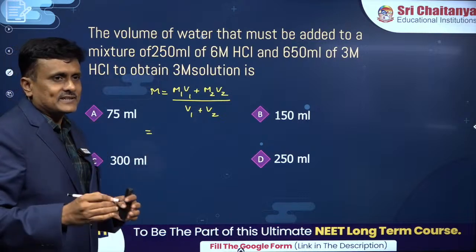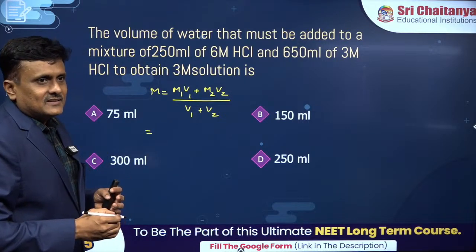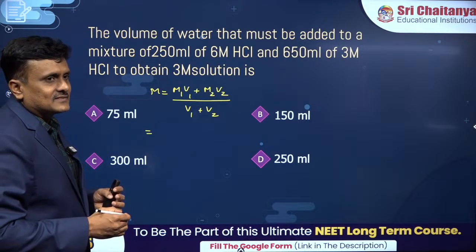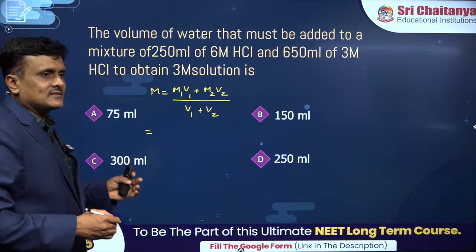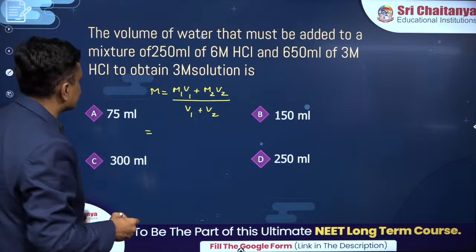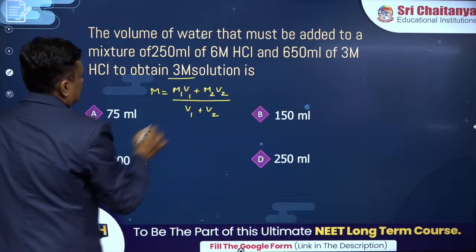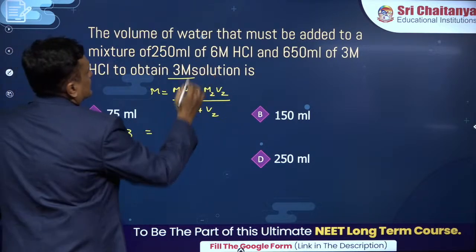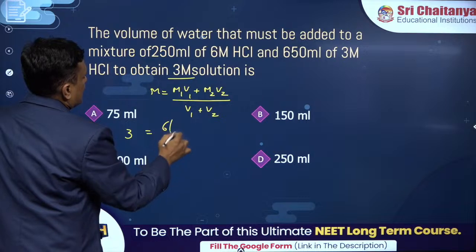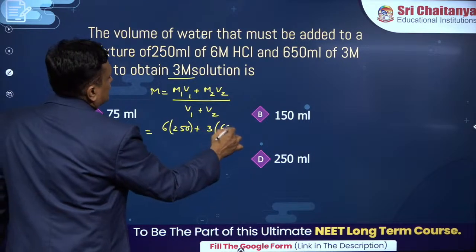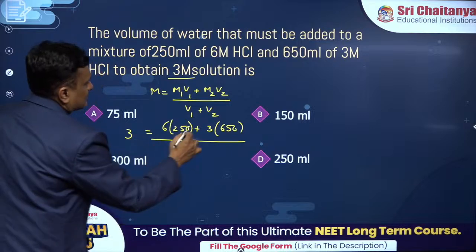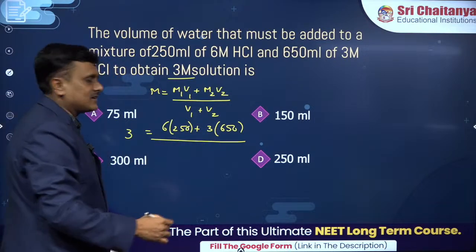Listen to me carefully. You see the resulting solution is 3 molar. M1 is given, 6 into 250, plus M2 is 3 into 650, divided by V1 plus V2, which is 900.